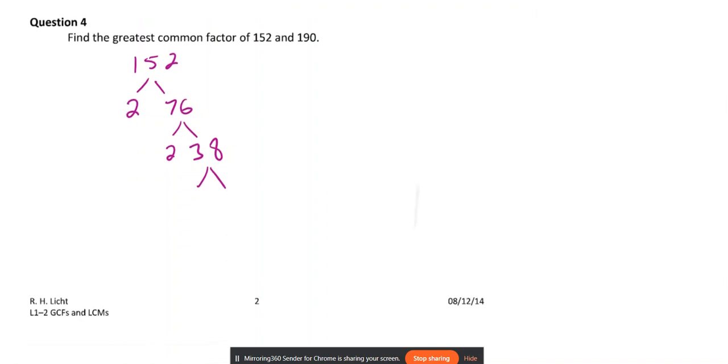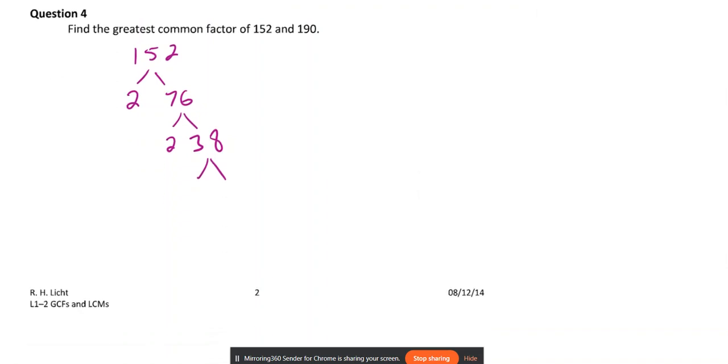Okay. All right, so 38 can be broken up as 2 and 19. 19, nothing, right? That's it. So I'm going to write that one out. That's going to be the same thing as 2 to the power of 3 times 19. Okay, and then we'll do the other one.